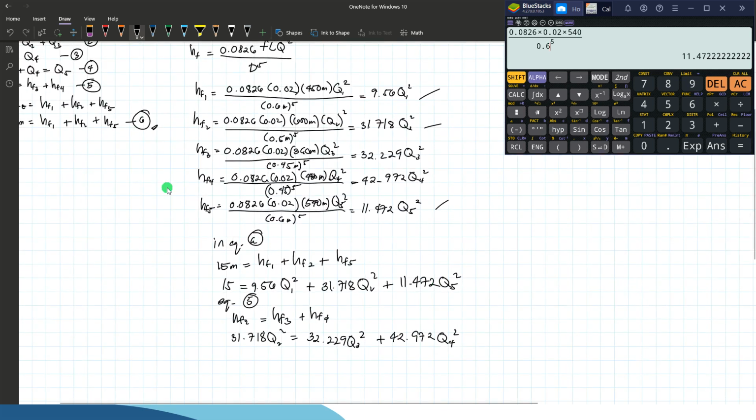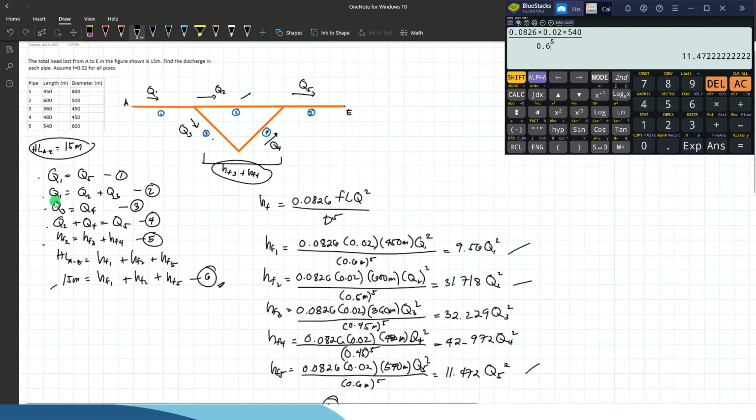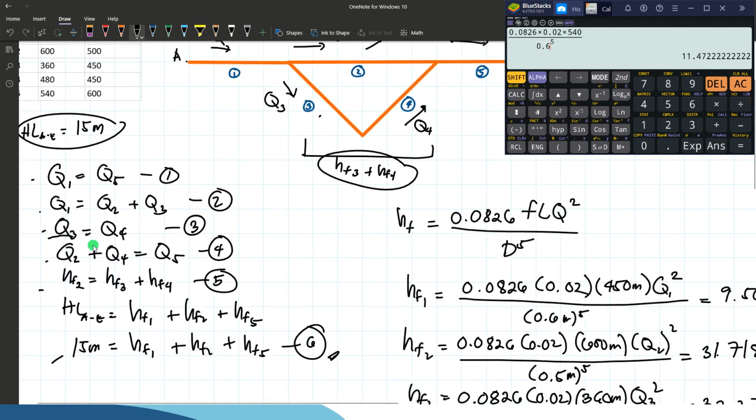Okay, but as you can see, discharge at q3 is equals to the discharge at pipe number 4. So we can eliminate one variable.